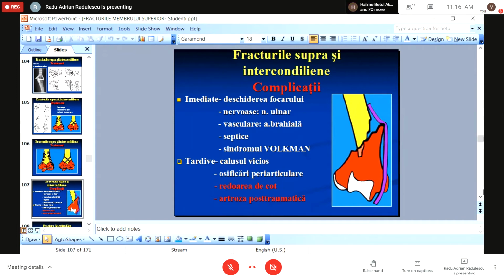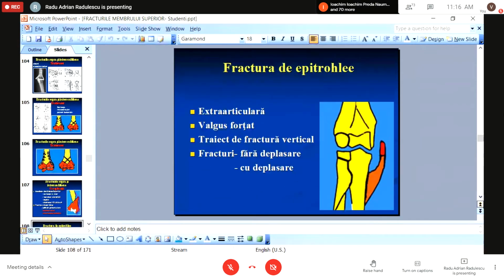So by all means, that's what I want to emphasize, in such a fracture we need to obtain an anatomical reduction of the articular surface in order to have good long-term results.